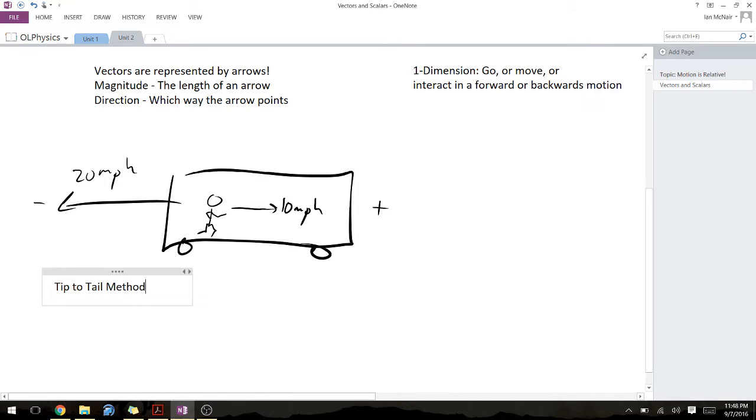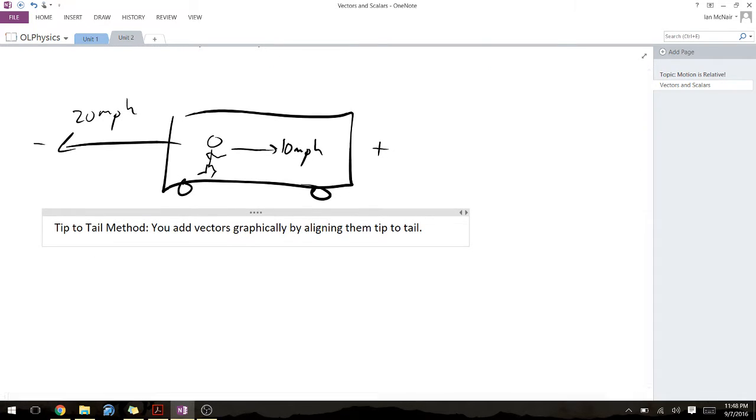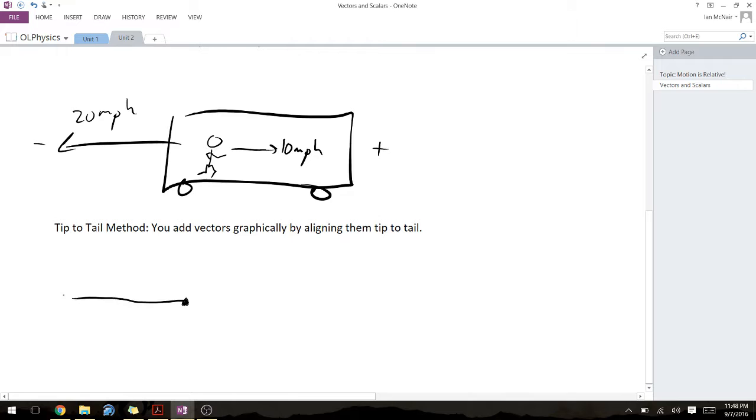On this method, you add vectors graphically or visually by aligning them tip-to-tail. So, for example, we have a reference point, and we know our 20 miles per hour is about this long, going that way.